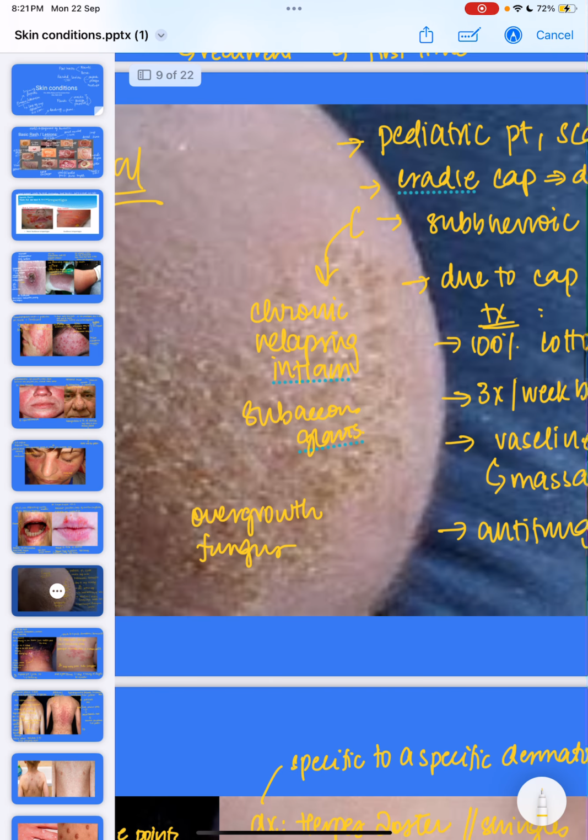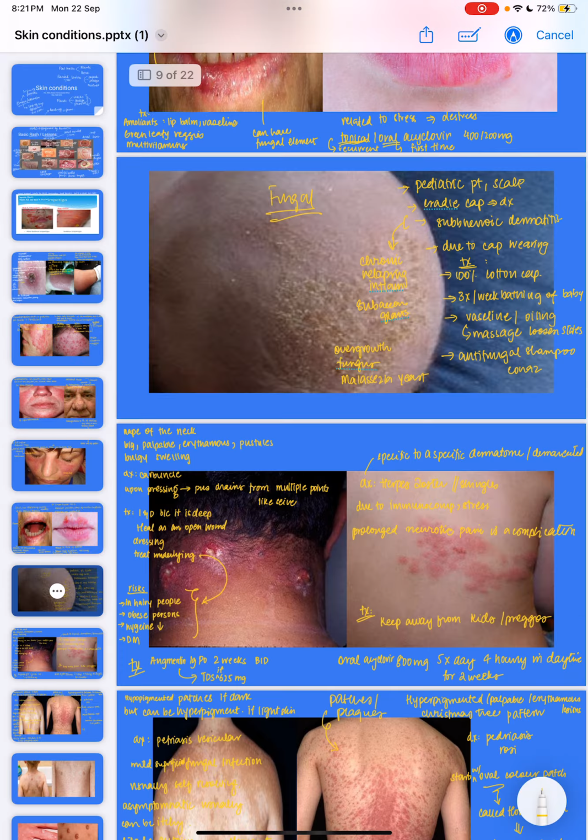And that fungus is called Malassezia yeast, right? Just added information, ठीक है.